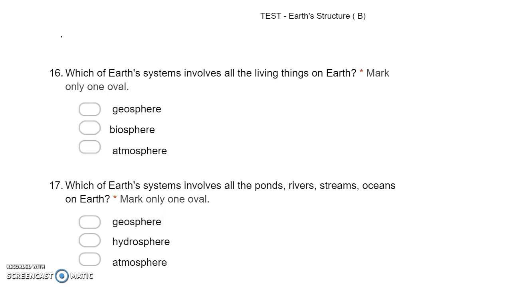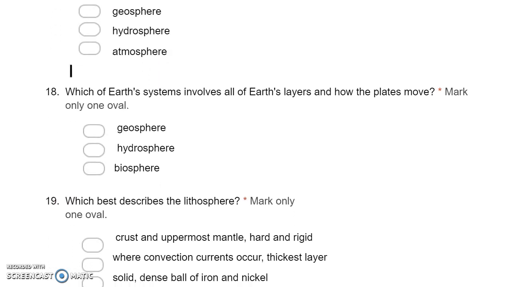The geosphere, the hydrosphere, or the atmosphere? Number 18. Which of Earth's systems involves all of Earth's layers and how the plates move? The geosphere, the hydrosphere, or the biosphere?